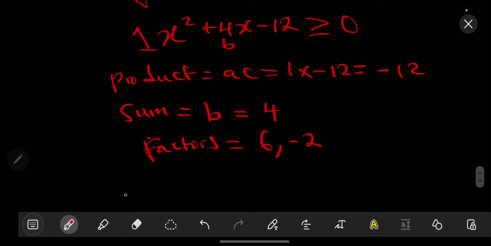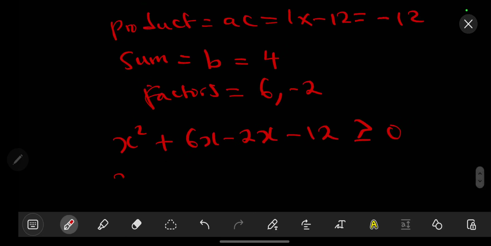So replacing this, we have x squared plus 6x minus 2x, then minus 12, greater than or equal to 0. Open brackets, x is common here, so we remain with x plus 6.